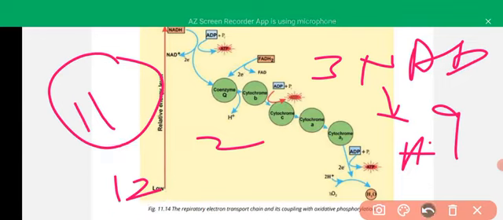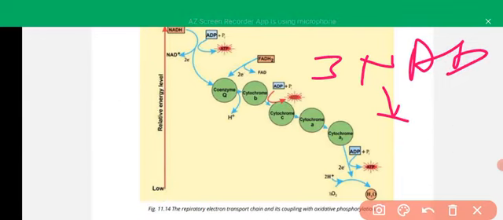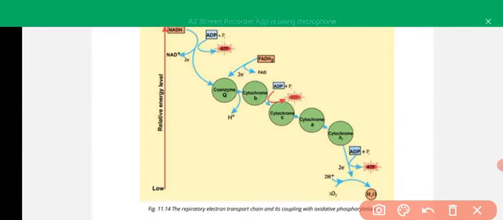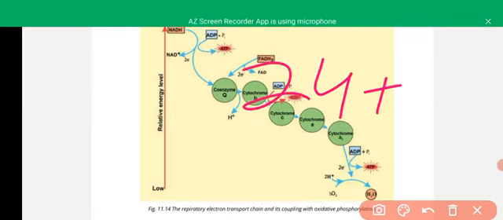We have to repeat that Krebs cycle twice for a glucose molecule because it produces two pyruvate molecules, so it produces about 24 ATPs. There were two ATPs produced by glycolysis, and 24 ATP plus 2 ATPs are the 26 ATPs.